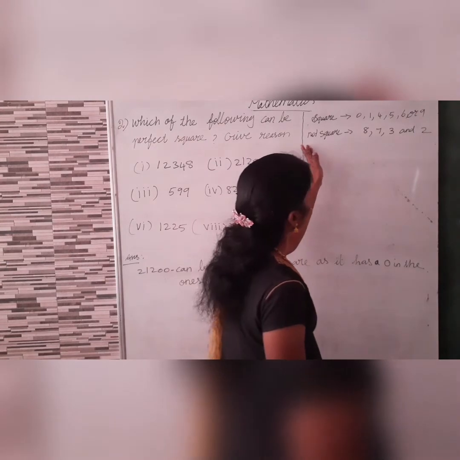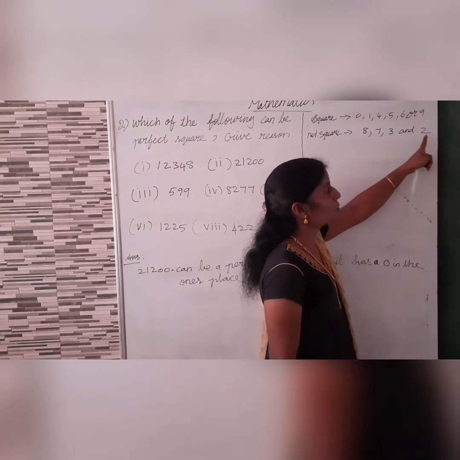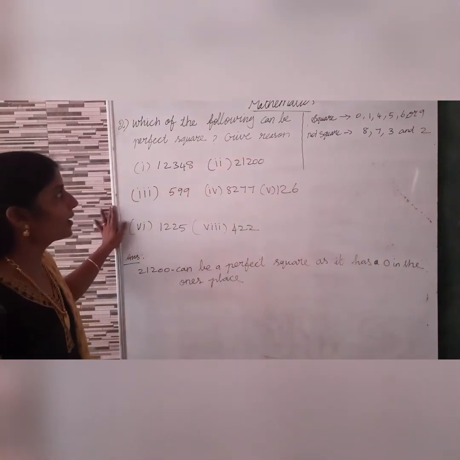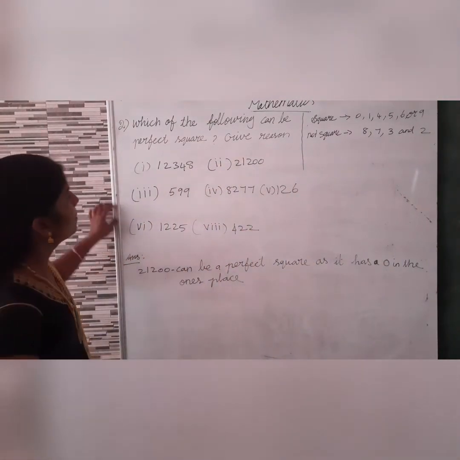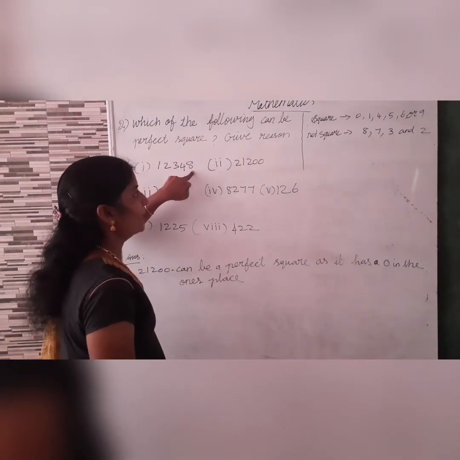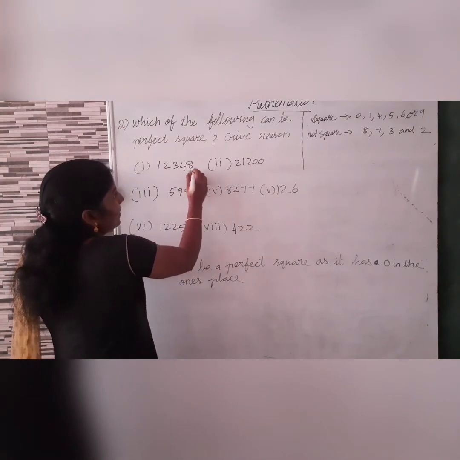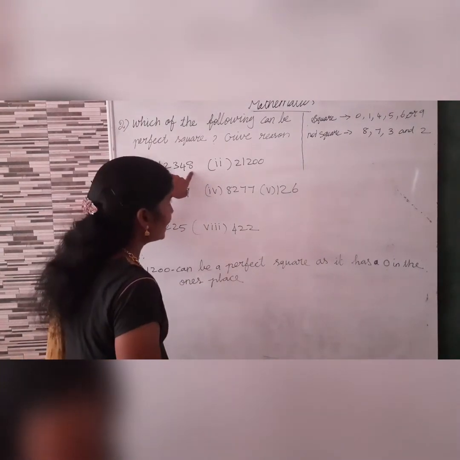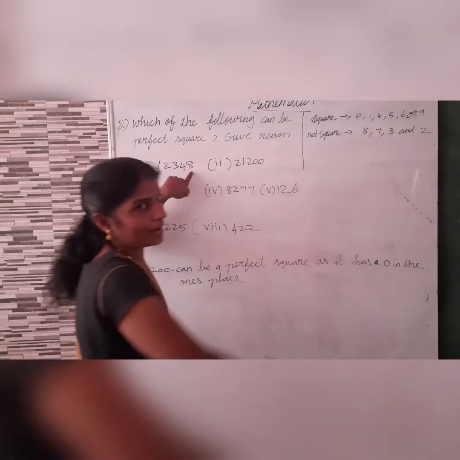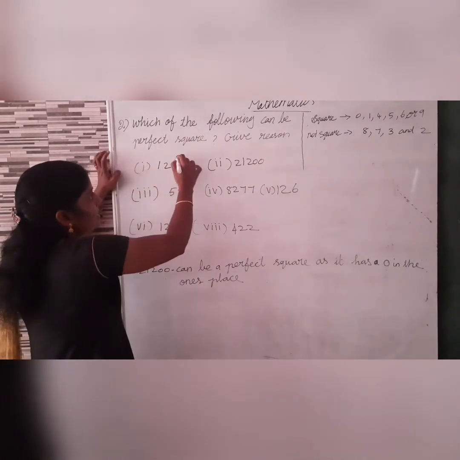If the ones digit is 8, 7, 3 or 2, that is not a perfect square. Are you clear? Okay. Now, first number, 12,348. Here the ones digit is 8. If we have ones digit 8, that is not a square number. So we can leave this.